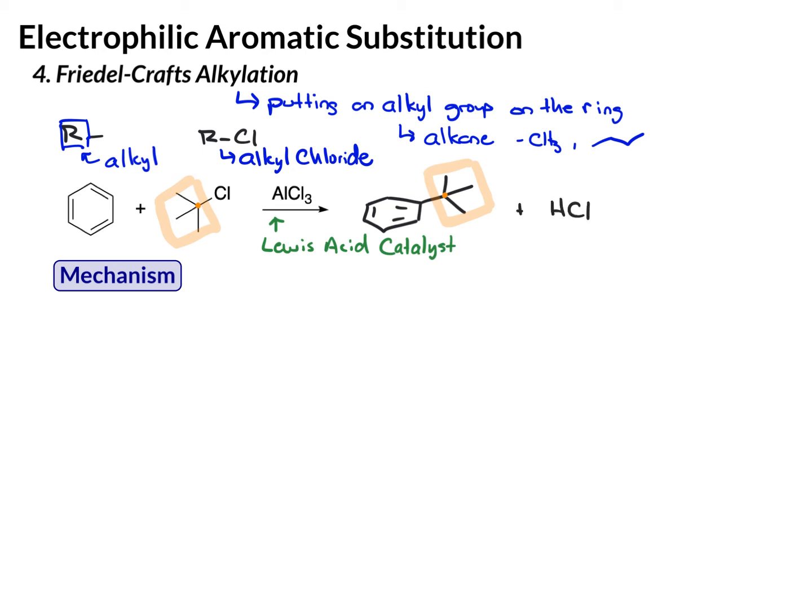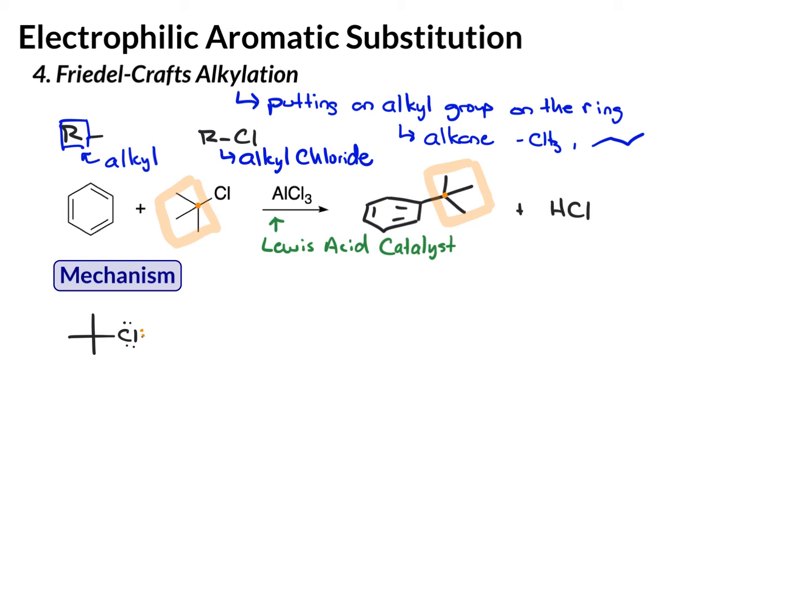Let's take a look at the mechanism for this reaction. It's going to be reminiscent of reacting Cl2 with the iron trichloride that we saw before. So what we're going to do is take our tert-butyl chloride, and the chlorine has lone pair electrons, so those are Lewis basic.